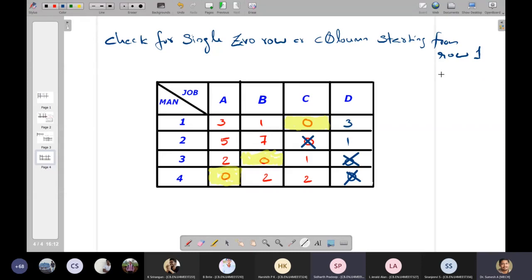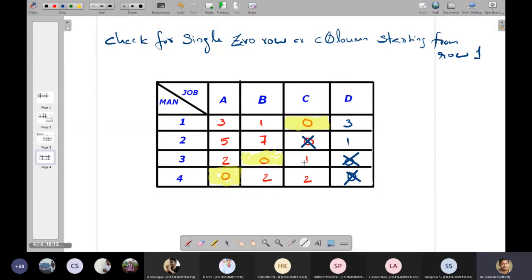No, sir. One more minute. Job D as well as man 2 is unassigned. So now you can see you have a 1 here, a 1 here, and a 1 here.